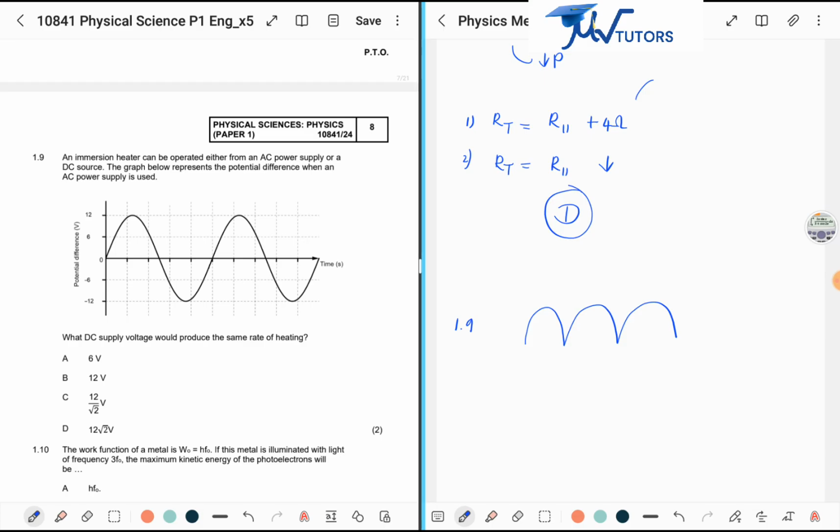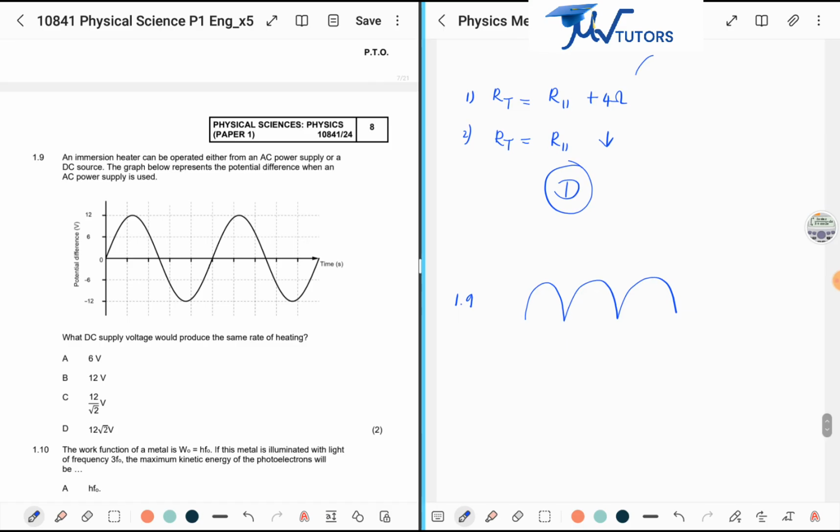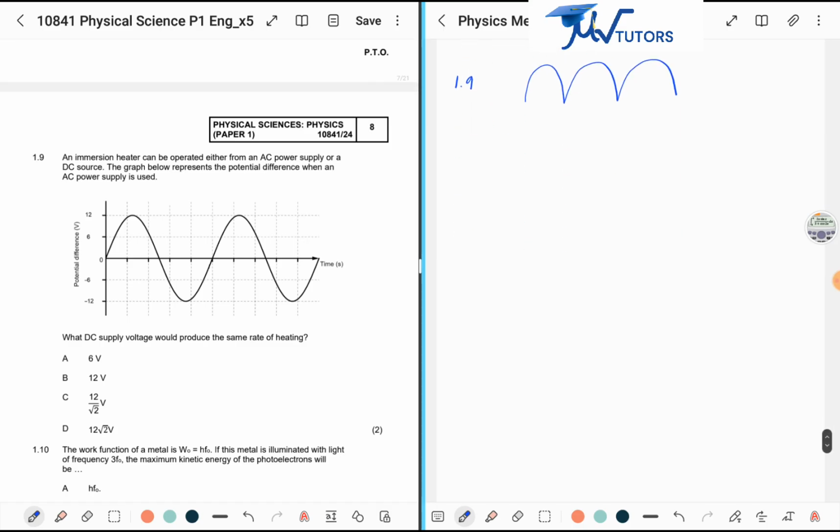Okay, so now it says, what DC supply voltage would produce the same rate of heating? So if you want to convert, or you want to see what the DC supply voltage is from an AC power supply, then you would use the root mean squared knowledge.